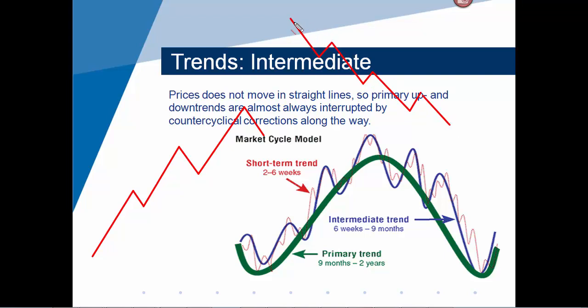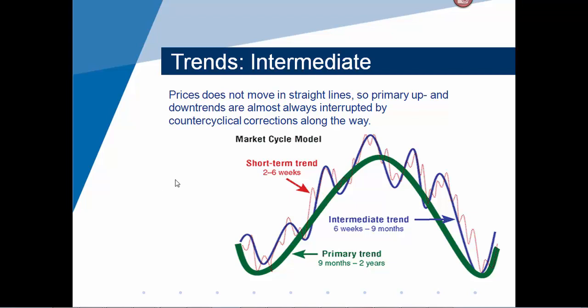So you're just seeing a more magnified version of your smaller time frame, but on your larger time frame, it's just a minor pullback of your larger trend to the upside. So your smaller time frame will sometimes move counter to your primary trend, but overall it will tend to move back in the same direction in the end.